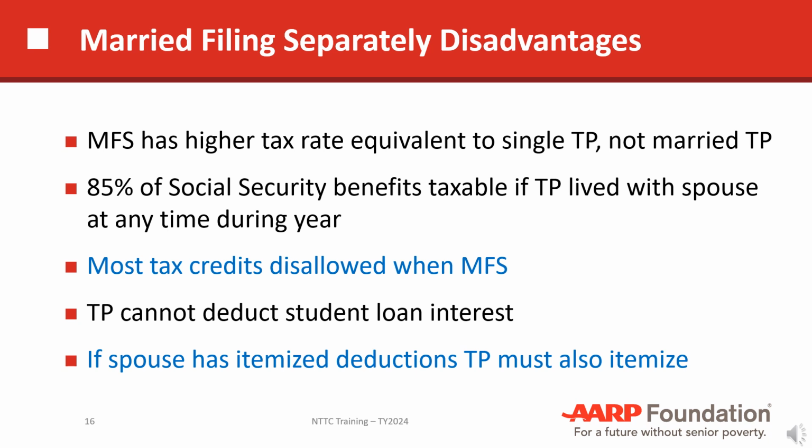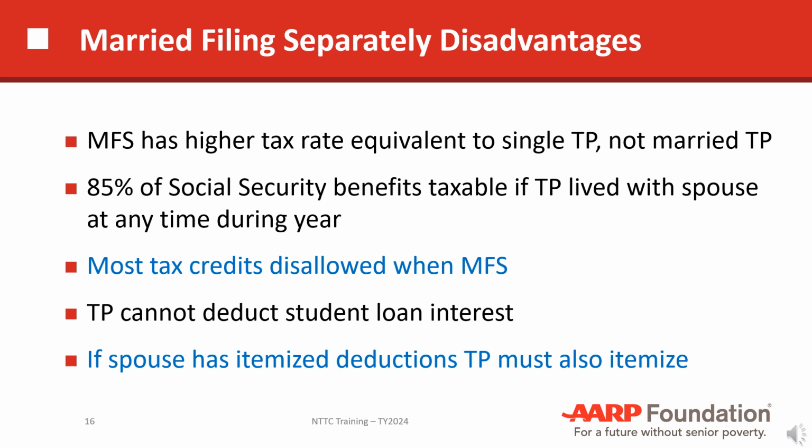So she chose to file separately, but unfortunately, she had studied to become a lawyer and had paid lots of student loan interest over the years, and she was unable to deduct her student loan interest on the front page of her tax return. Her student loan interest was $2,000 or more that she paid each year, and so she would have gotten a pretty significant reduction in her taxes if she was able to claim that student loan interest. But because of the MFS situation, she was unable to take that deduction.